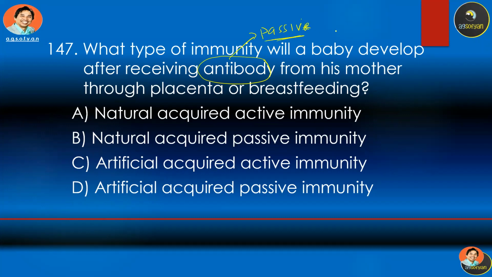But this baby gets it from the mother, the natural way. It's not injection, so it's going to be natural acquired and passive immunity. The baby will get the protection as long as he gets the breastfeeding from the mother. If the breastfeeding stops, then his protection will be lost also. Maybe it only lasts for several months.